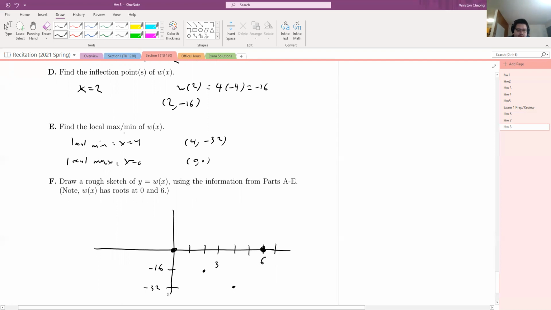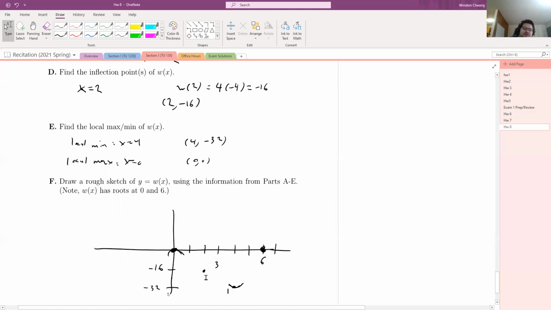So then, well, 0, 0 is supposed to be a local max, which means that around it, it kind of looks like this. 4 comma -32 is a min, so it's going to curve upwards afterwards. And this 2 comma -16, this point here, is supposed to be an inflection point.